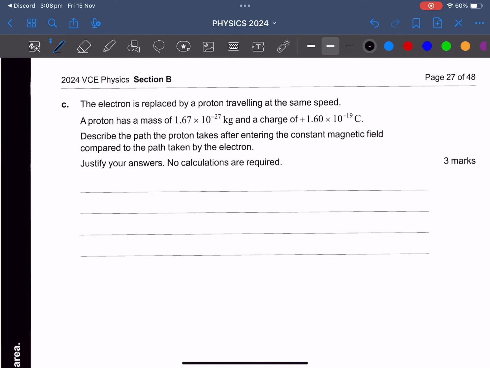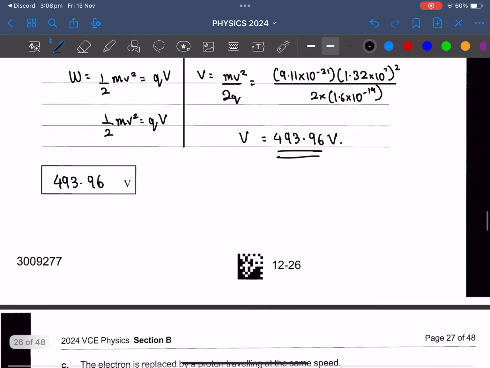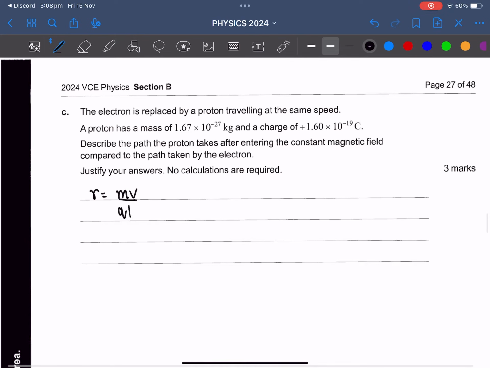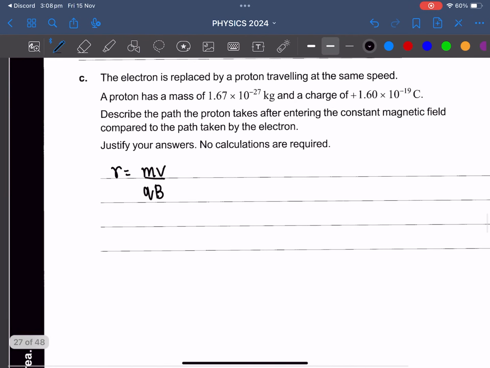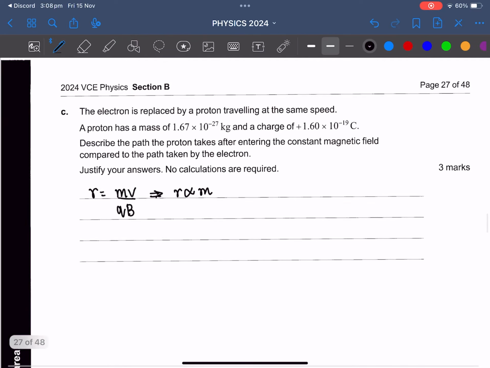Okay, so we know that R is equal to mv on qb. So all of this is basically constant, so v, q and b are all constant. So that means R is proportional to m.